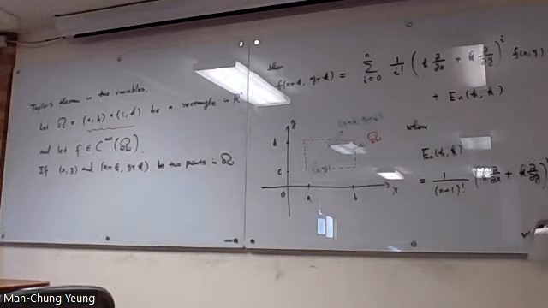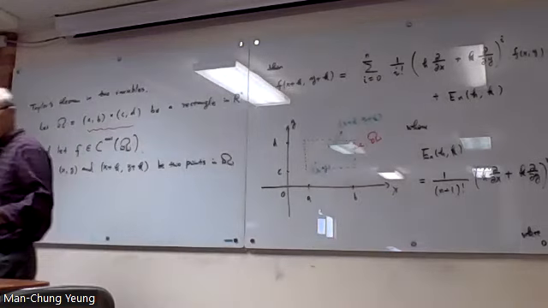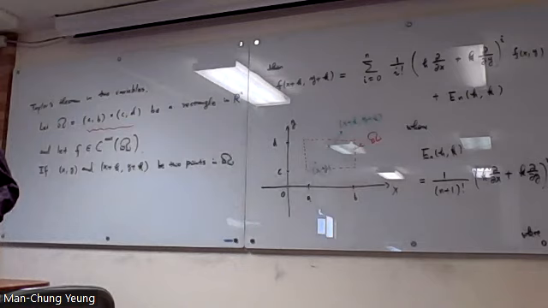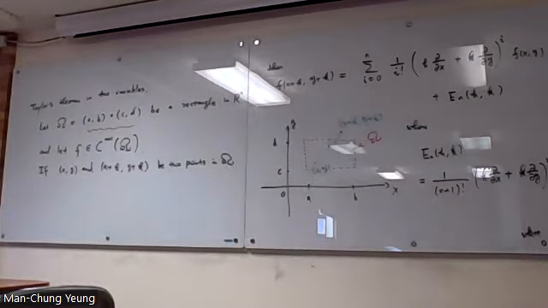What is theta? Theta is some point between 0 and 1, just like the point in Taylor's theorem with a single variable. We don't know what theta is.